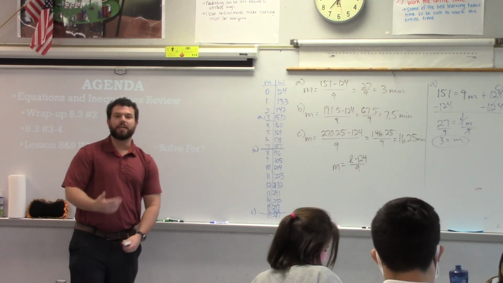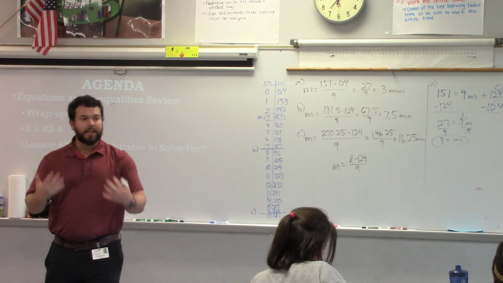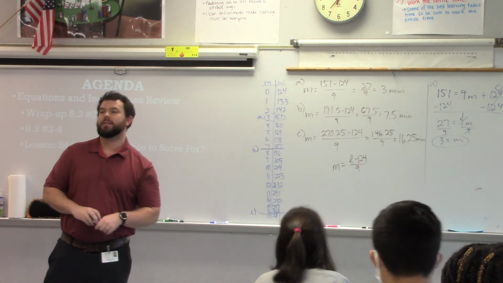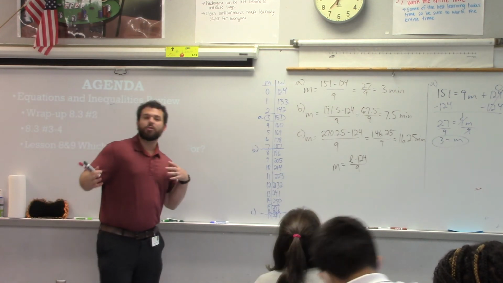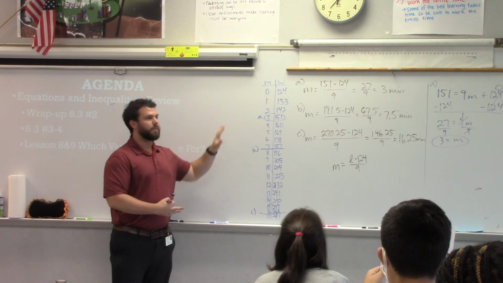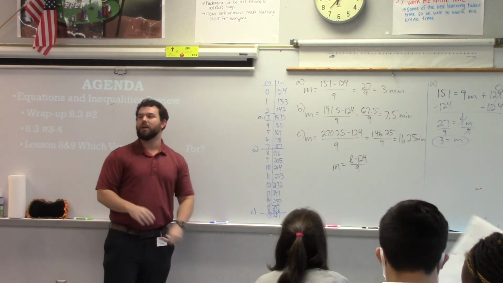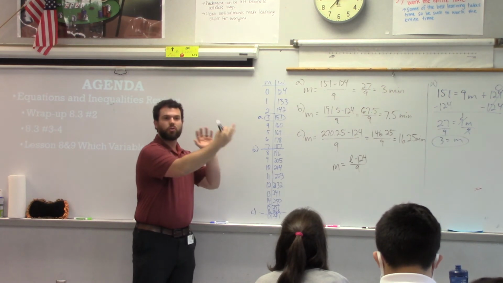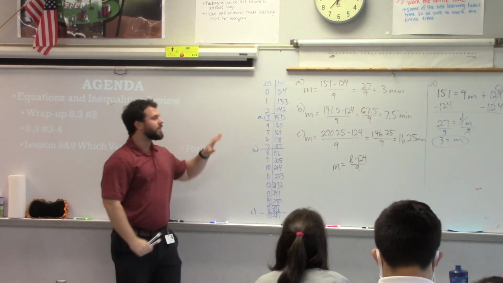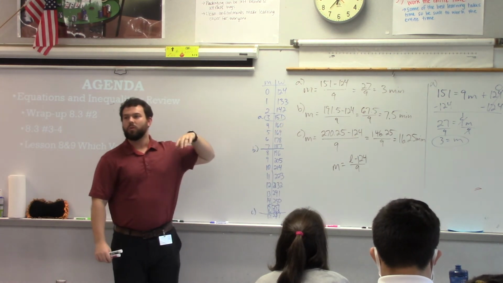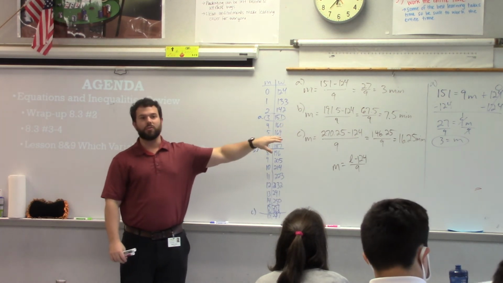So what I do is I ask you to engage in a problem. I ask you to think about it, to play around with it, to come up with some ideas. Then I'm going to pull different people's responses up on the board, and I'm going to have you look at each different group's responses. And we're going to sequence them so that everyone can build up to the way that I was trying to get you to see it.